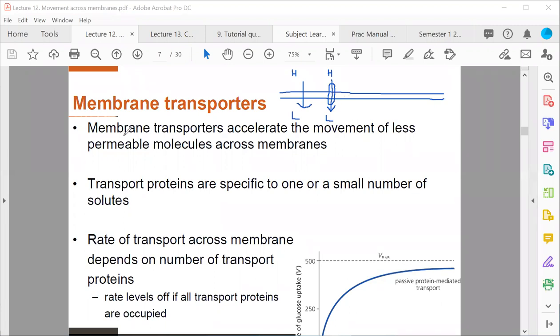All right, so these transport proteins or membrane transporters or transmembrane proteins can be confusing when there's multiple names for the same thing. These membrane transporters accelerate the movement of less permeable molecules across membranes, or they can just accelerate the movement of molecules across the membrane, which need to be moved much quicker than they otherwise would when they're moving directly through the membrane itself.